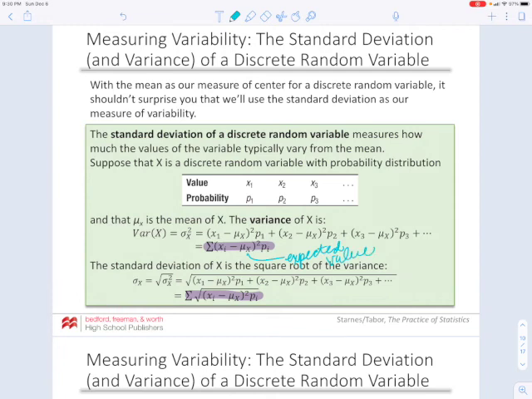Then you square that difference and you multiply by the corresponding probability. So you do that for the first possible outcome, and the second, the third, so on and so forth. Add them all together. When you just add them together, this is giving you the variance. But then when you take the square root, that is when we get the standard deviation. Again, this is on our formula chart, but it's good to know how to calculate it.